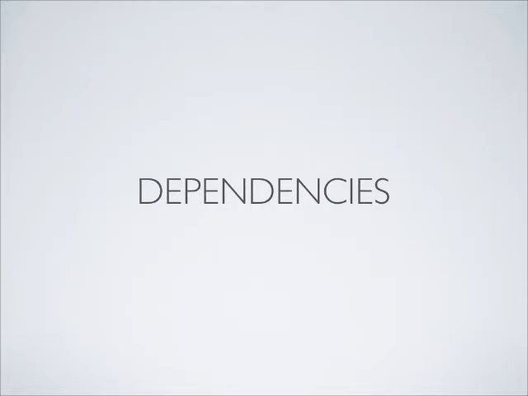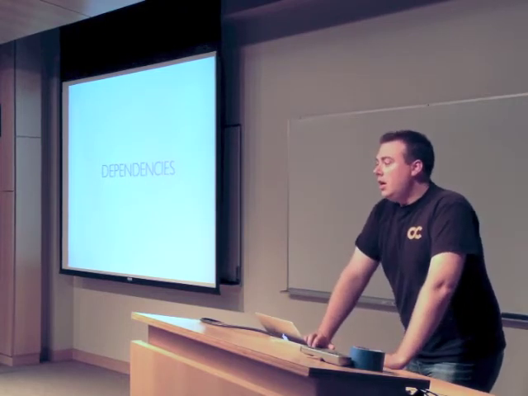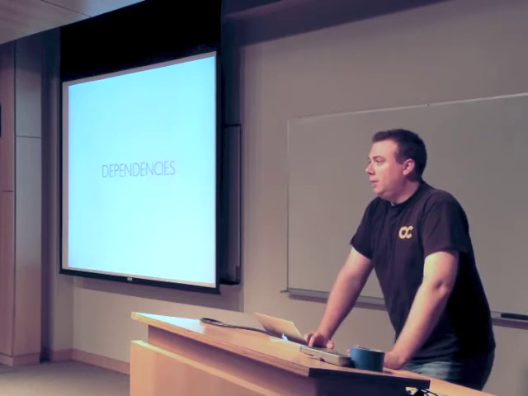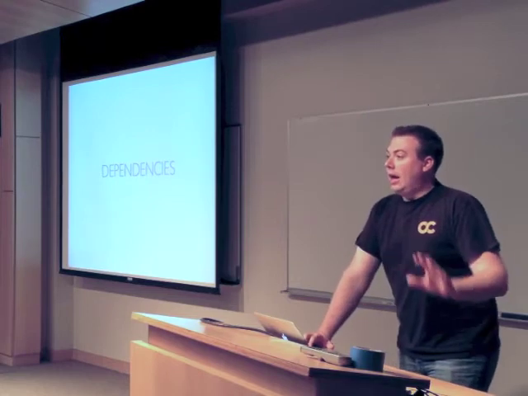Dependency management. We are all pretty used to Bundler now, if you're a Ruby developer, and thankfully there's something similar for Objective-C. This is not RubyMotion specific, but RubyMotion does have it built in.